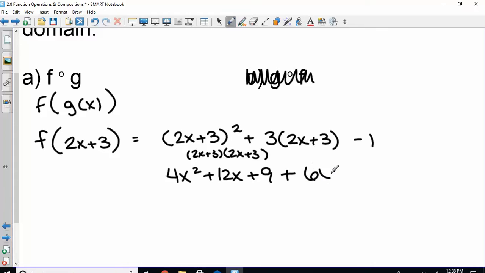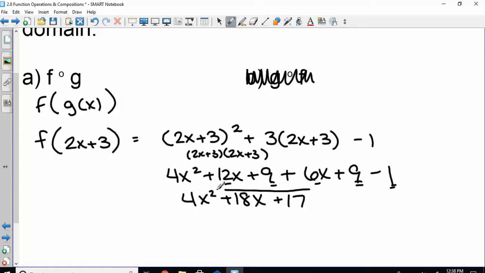Here, if we distribute the 3, we get 6x plus 9 minus 1. Combine like terms, so that's 4x squared plus 18x plus 17.